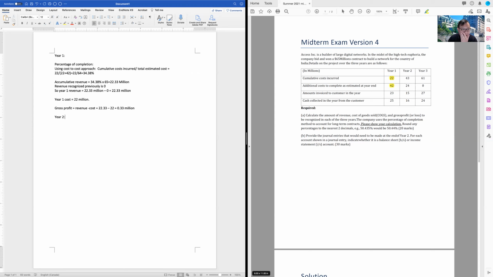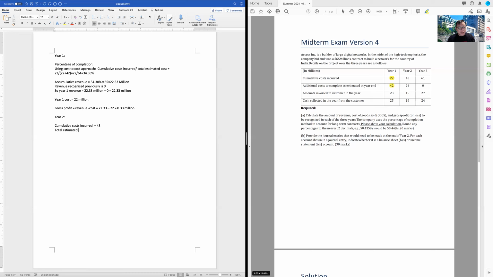Year two, okay? So year two, let's take a look at the total estimated cost. Let's take a look at cumulative cost. Cumulative costs incurred at the end of year two will be higher, right? Over time, this is accumulation. It's going to be higher, 43.